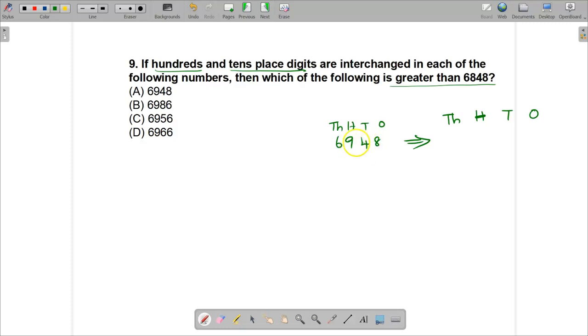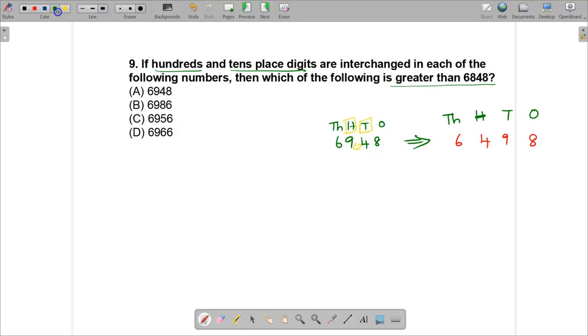We need to interchange these two digits and the other two digits remain the same. So here it is 6, then 4, then 9, then 8. Why? Because 4 will come to hundreds and 9 will go to tens. We have interchanged and written.